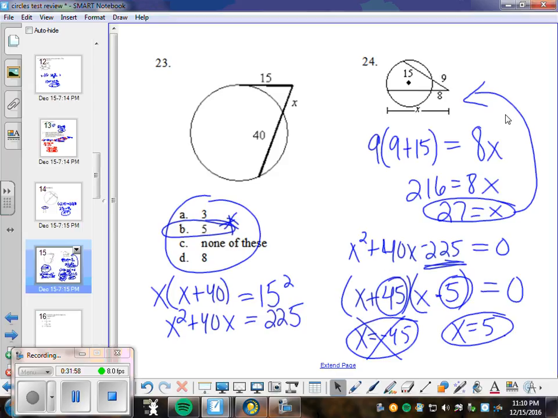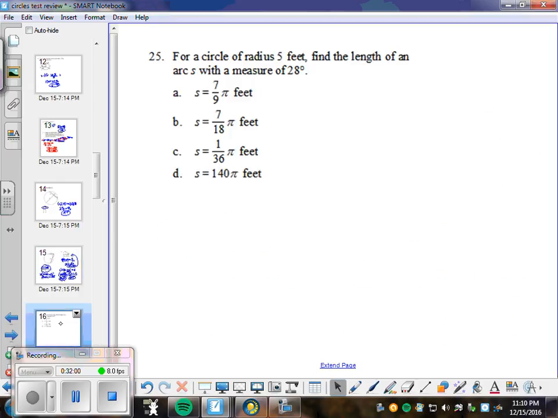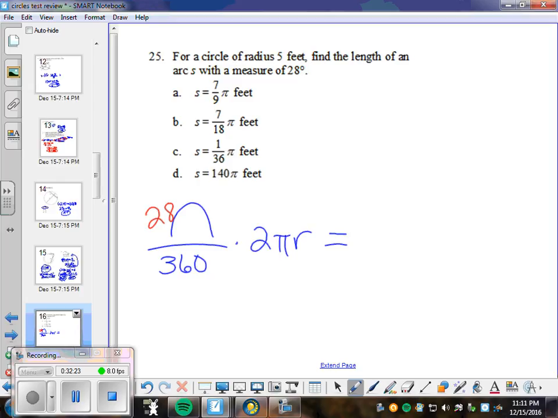All right, number 25. For a circle with a radius of 5 feet, find the length of an arc. Okay, so this is the measure of the arc divided by 360 times 2 pi r, your circumference. They give us the measure of the arc is 28. So we've got 28 divided by 360, and the radius is 5. We're just plugging it in, and we're keeping it in terms of pi.